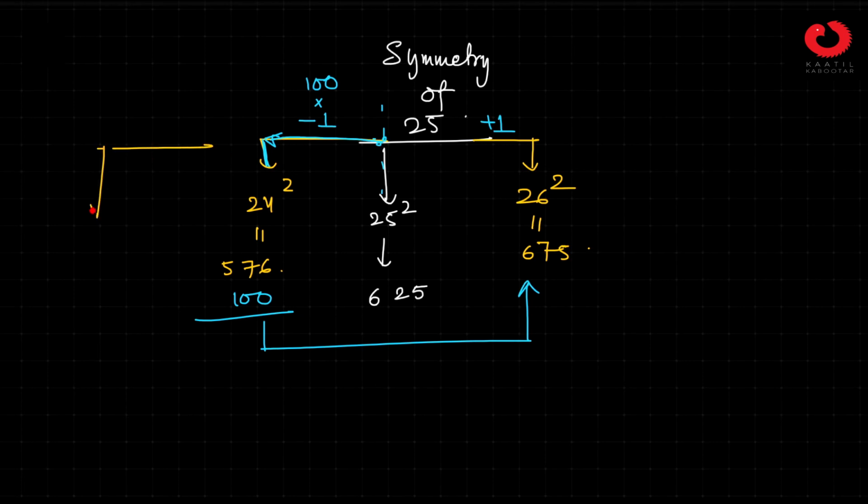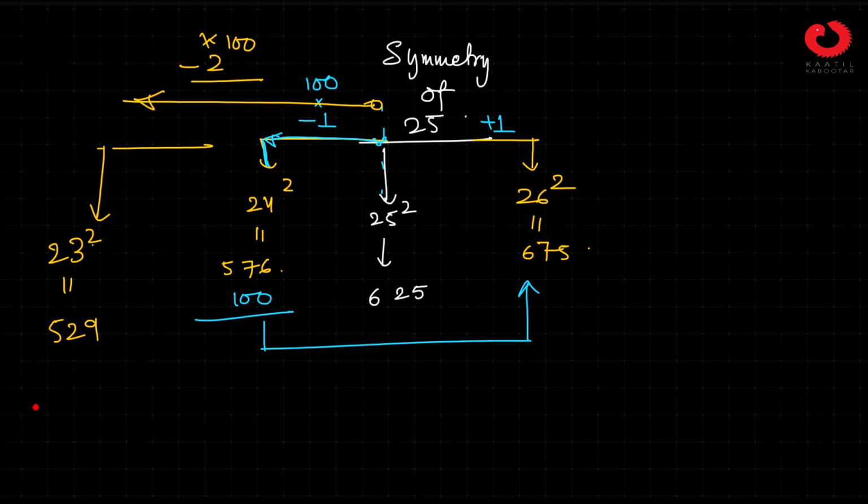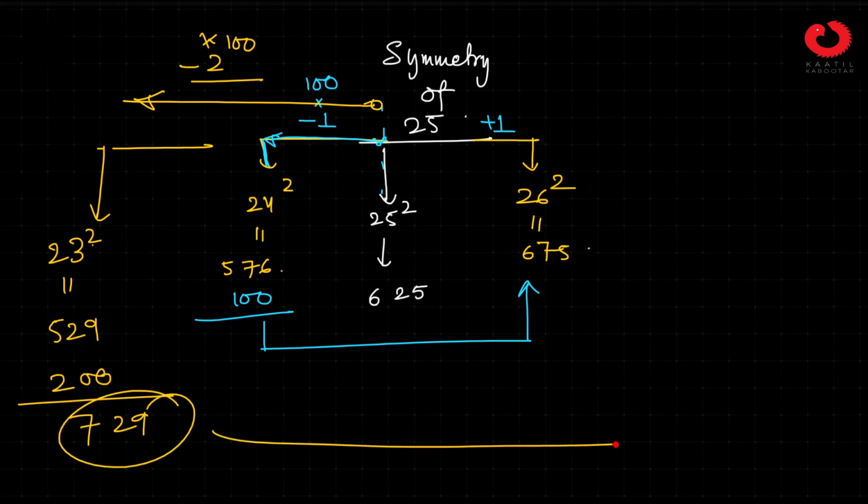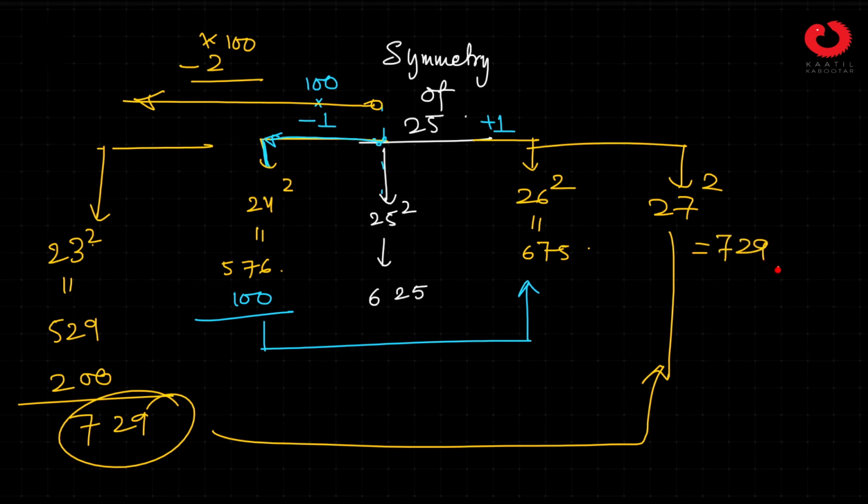If you see 23 square, it is 529, which is 2 less than 25, minus 2. If you add 200 to this number, it will become 729, and this is the square of 27. So you can very well keep checking this. It is true till 35.